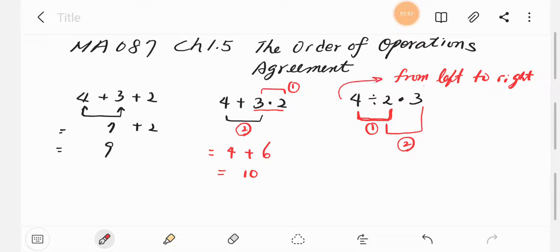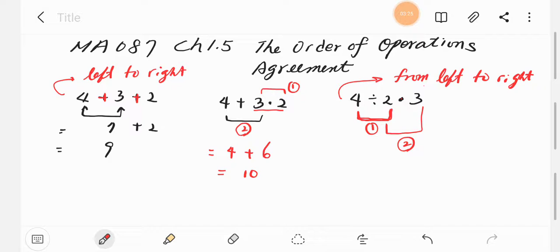Look at the first example: plus or minus, we also did left to right. And multiplication and division together, we also do from left to right. It doesn't matter whether multiplication comes first or division comes first, we do from left to right.